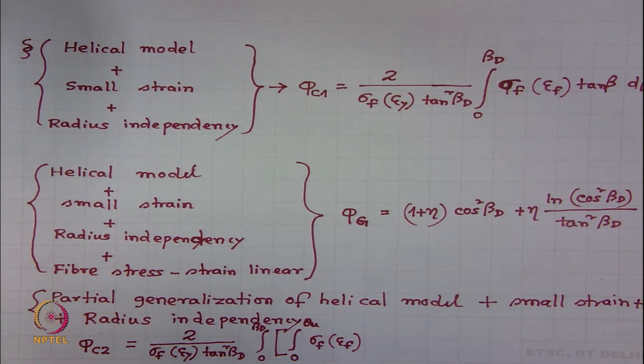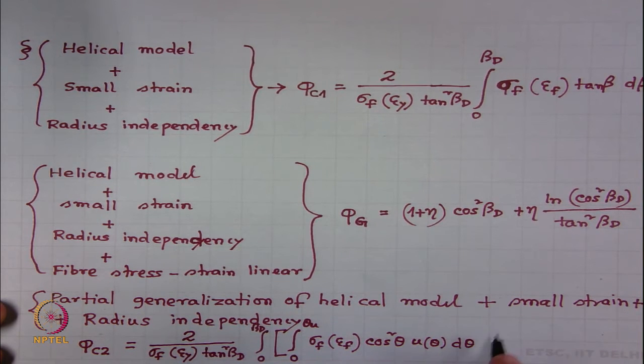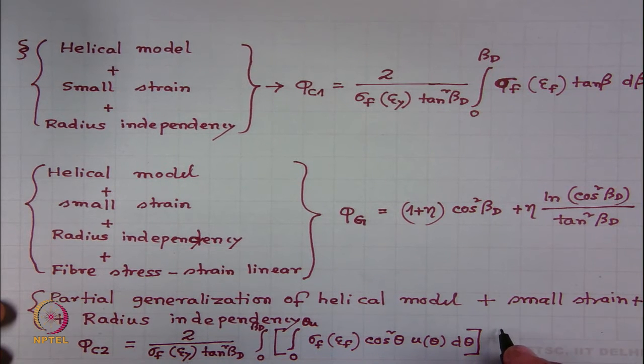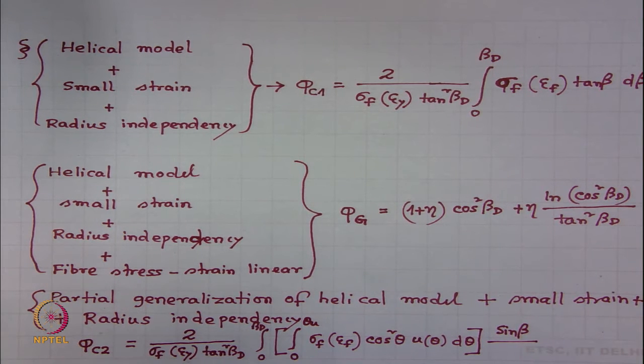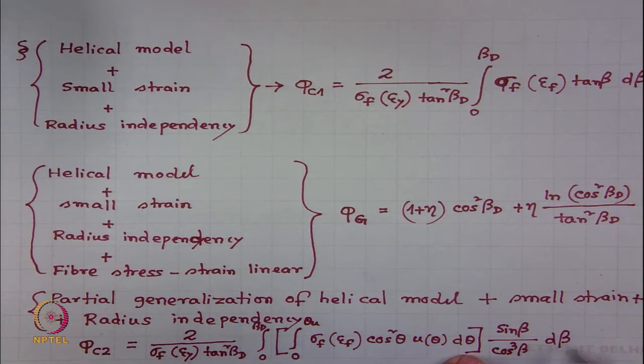Ef into cos square theta into u theta into d theta. One integral ends here, and then the second one starts, that was sin beta divided by cos cube beta into d beta.